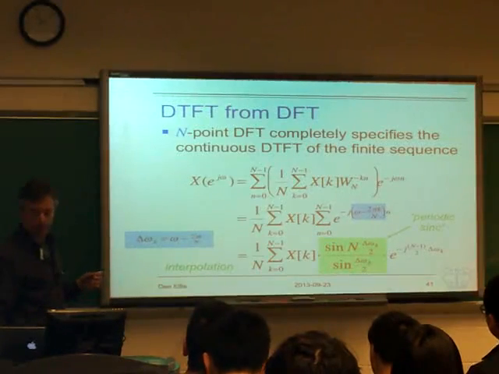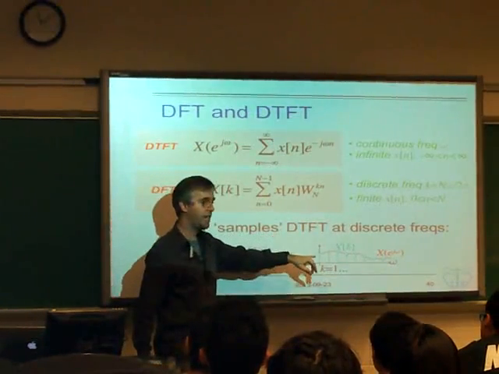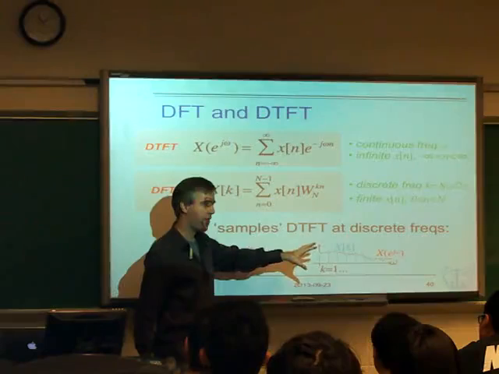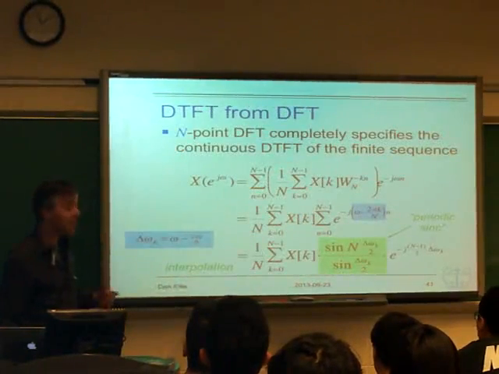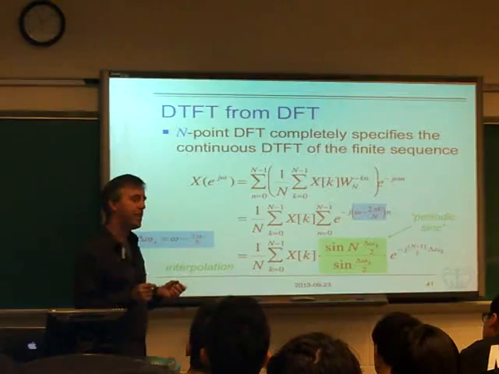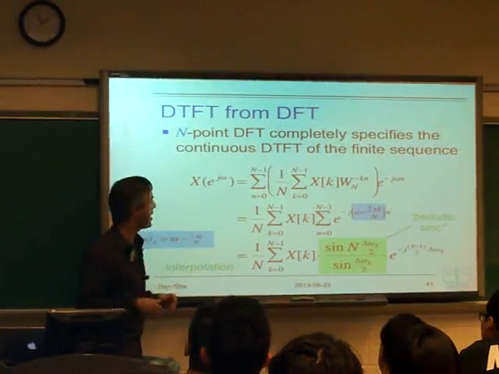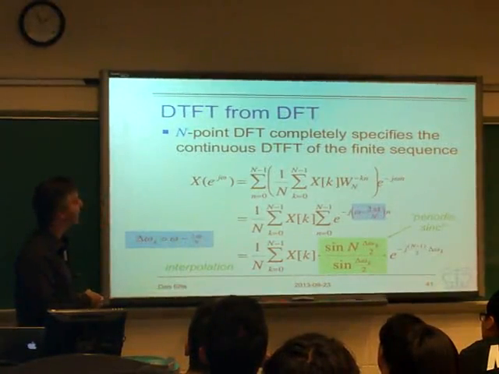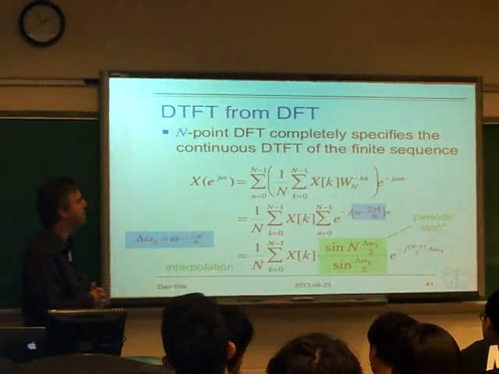So if you give me the DTFT and I want to find the DFT, then all I really have to do is evaluate at these particular frequencies. I could also think about doing it the other way around. I give you the DFT of a sequence, some finite length description of its spectral values at a bunch of frequencies, and then I say, what was the DTFT? What was that smooth, continuous function of frequency?